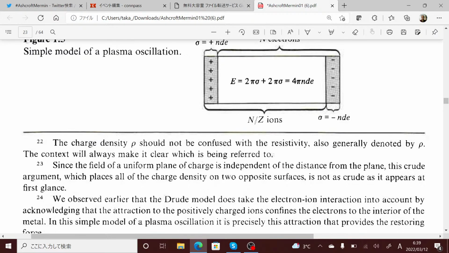Since the field of a uniform plane of charge is independent of the distance from the plane, this crude argument, which places all of the charge density on two opposite surfaces, is not as crude as it appears at first glance.